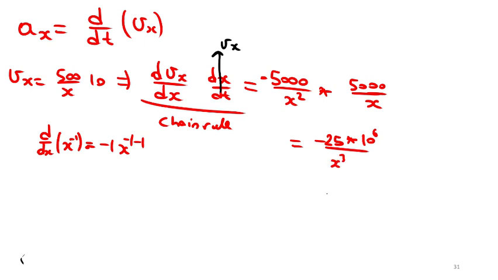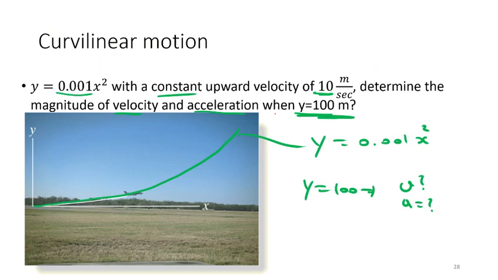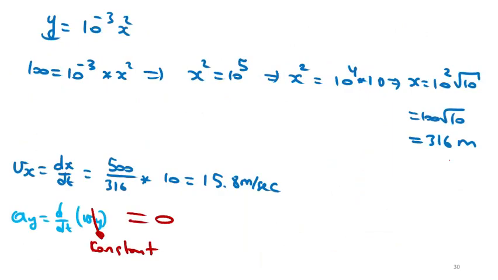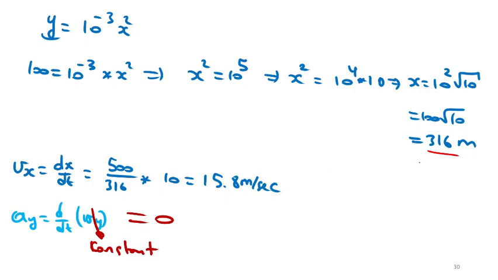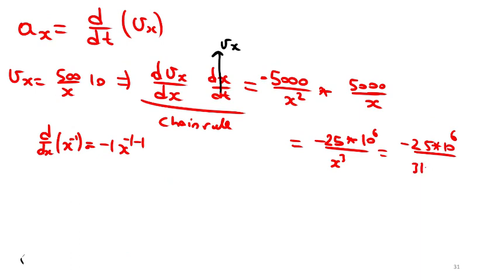It says that y is 100, and I know that the x value in that case was 316. Then it will be negative 25 times 10 to the power of 6 divided by 316 to the power of 3.